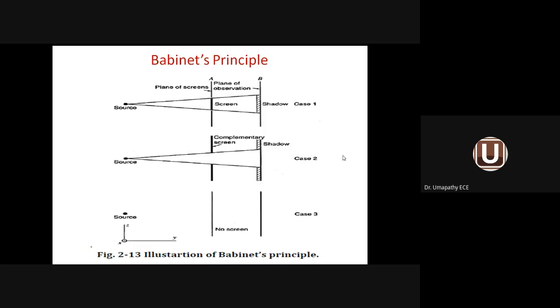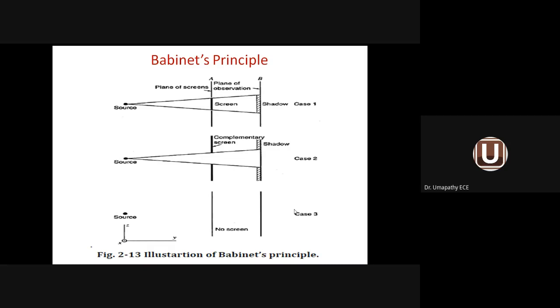This portion, case 2. This portion, case 3. So what the Babinet principle says is, when I combine case 1 and case 2, I will get case 3. That is the statement given by Babinet principle. So there are three cases available, out of which if I combine case 1 and case 2, I will get case 3.